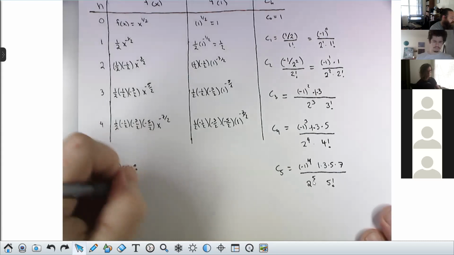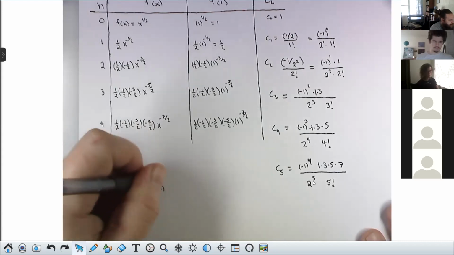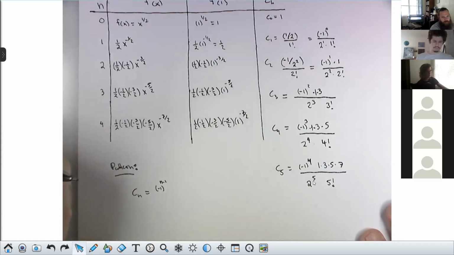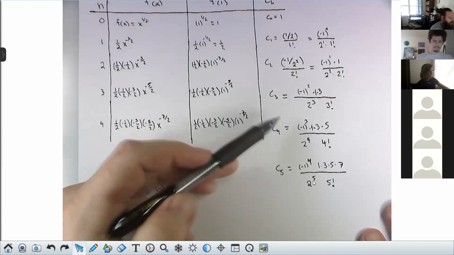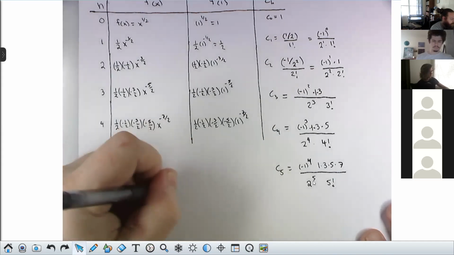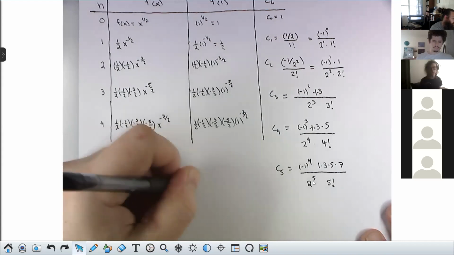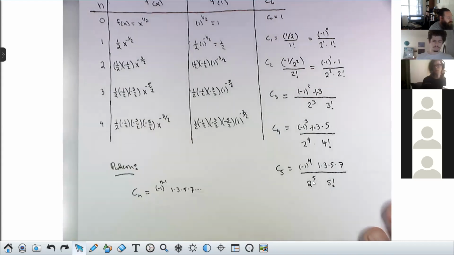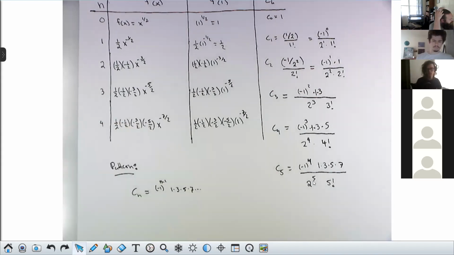The pattern shows us that Cn is -1 to the n minus 1. Right, the power of -1 is 1 less. Times this odd product, 1 times 3 times 5 times 7 up to 2n minus 1. Sorry, 2n minus 3 maybe. Yeah, 2n minus 3.